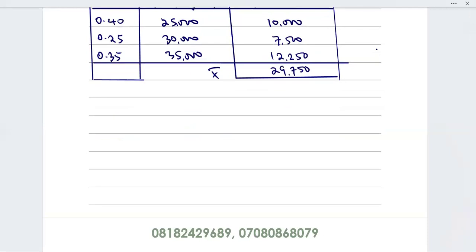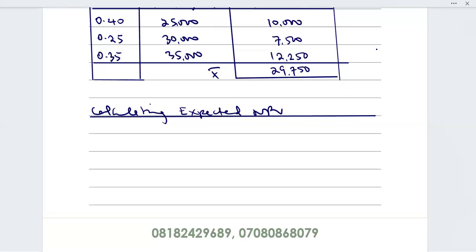NPV. So I would then say calculating expected net present value. Year, cash flow, description of items, discount factor.